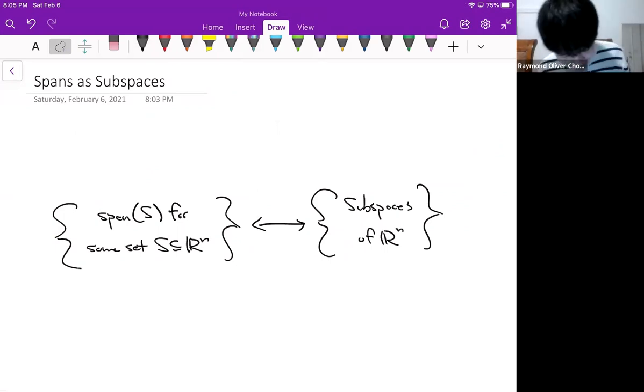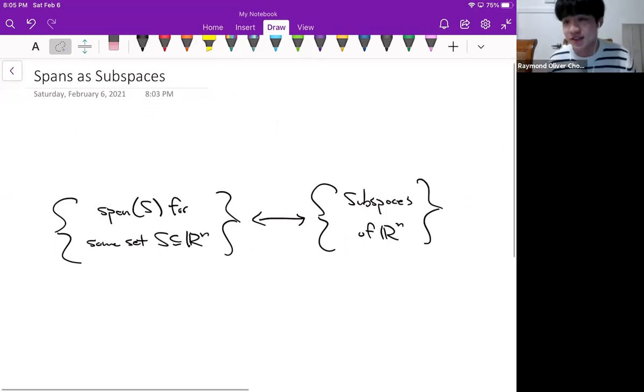What's up, everyone? So we've talked a bit about this correspondence that you see on the screen right here, where we're looking at spans of some subsets of Rn as well as subspaces of Rn. And last time I claimed that they were actually just the same thing.